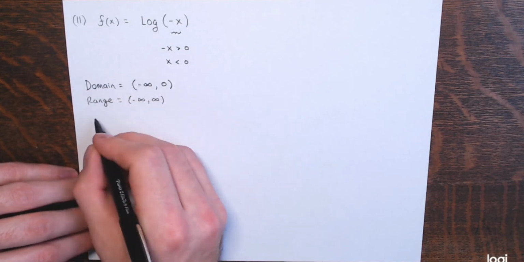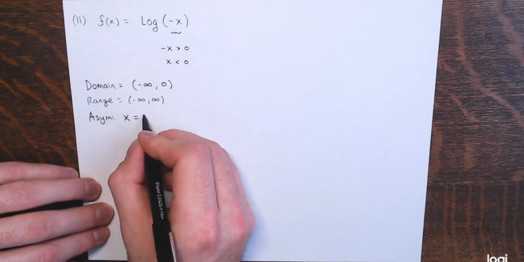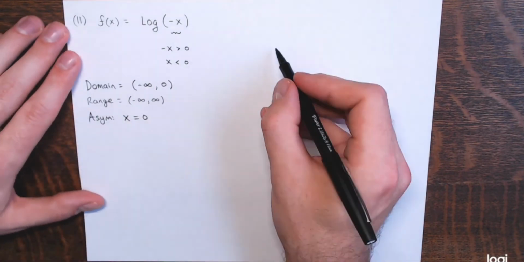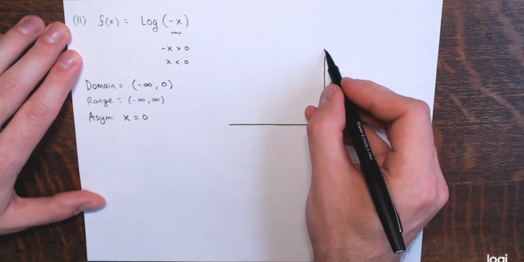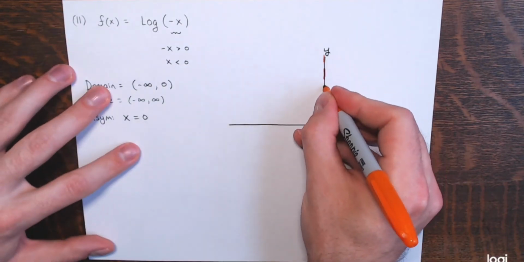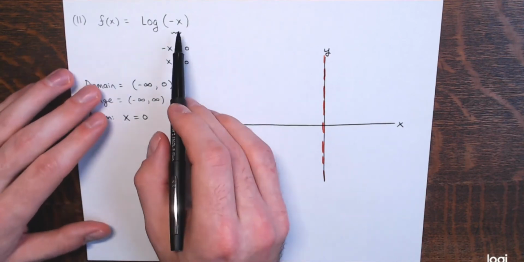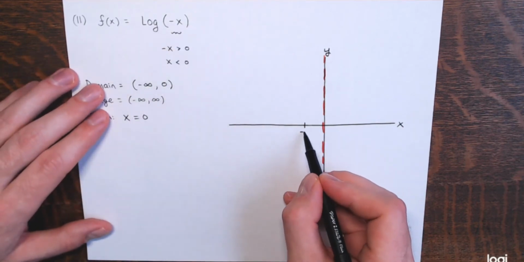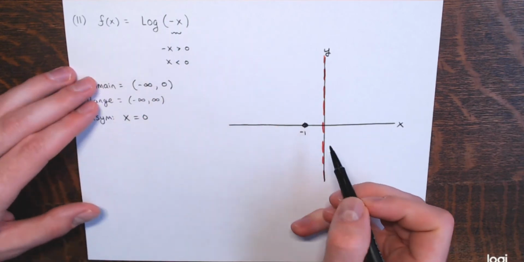And the asymptote is the x equals 0 line, or the y-axis. So again, I'll dash in the y-axis here. That's an asymptote. And then I'm just going to plug in negative 1 to get the log of 1, which would be 0. So (negative 1, 0) would be on this graph.